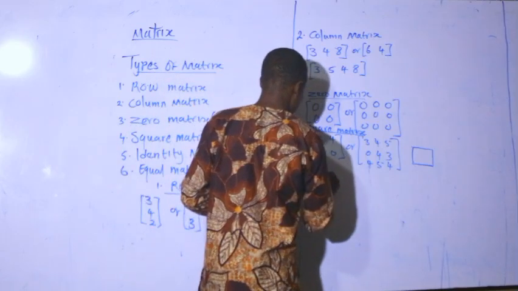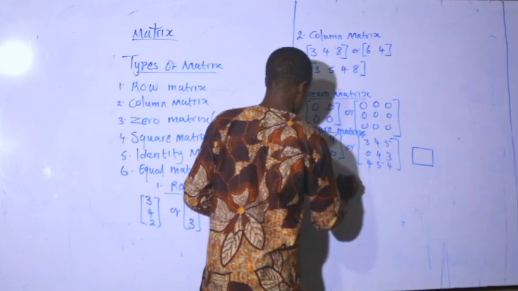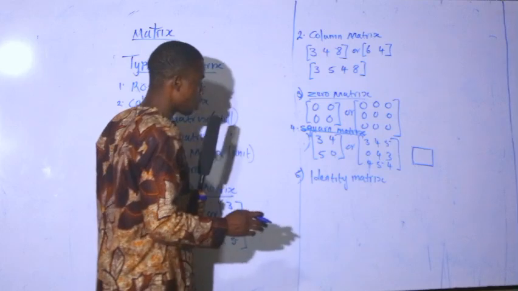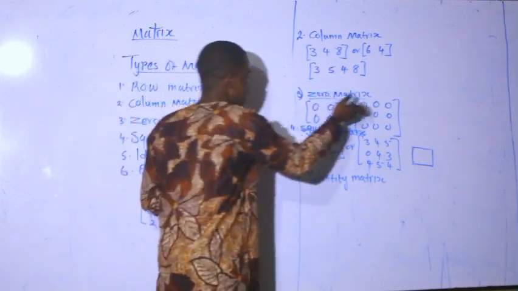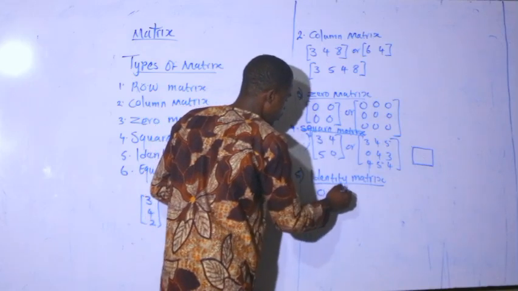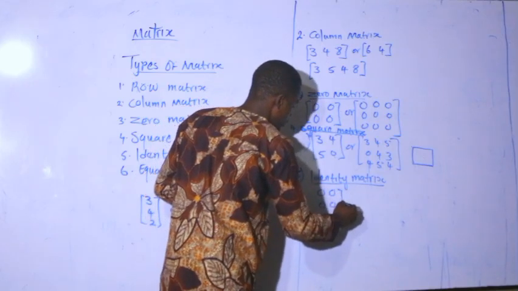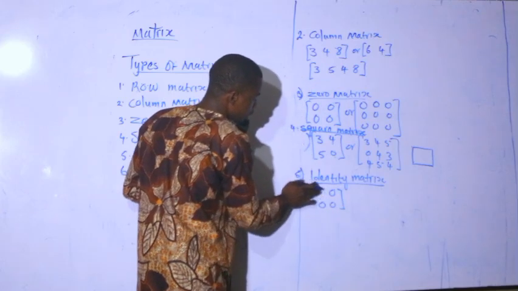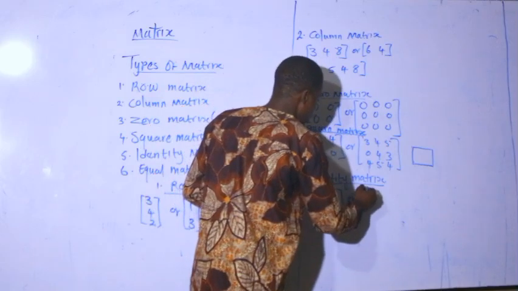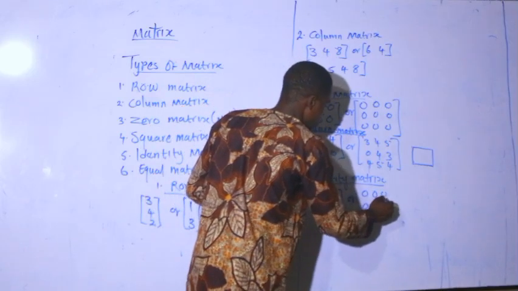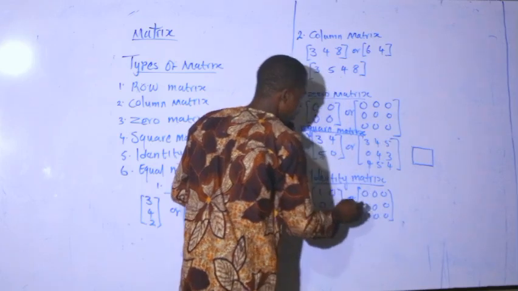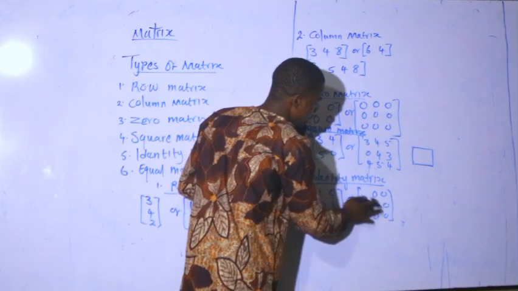Now, number 5 is called identity matrix. When we see identity matrix, it's like a zero matrix, with 0, 0, 0, 0. But it's not all 0. You cancel this, write 1. Cancel this, write 1. Or 0, 0, 0, 0, 0, 0, 0, 0, 0. Look at this. Cancel this, and this.